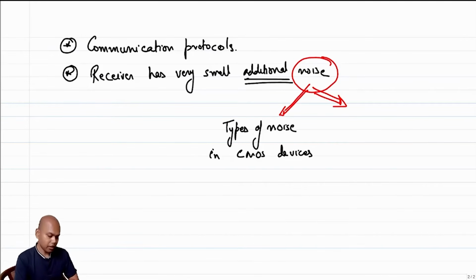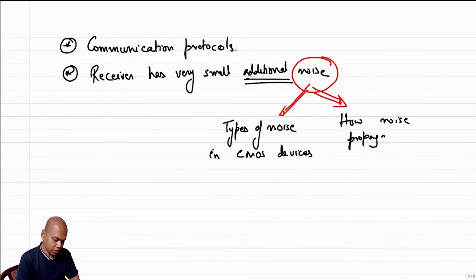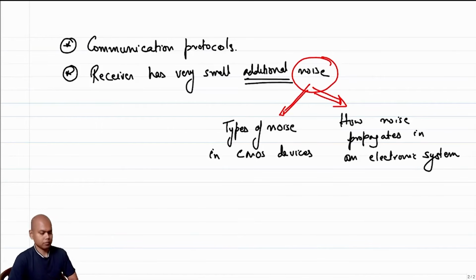And then we learn about how noise propagates in an electronic system. It is not only necessary for us to understand the origins of noise, we also need to understand, okay, there is some noise, but how does it eventually affect our signal? That is what I mean by how noise propagates in an electronic system.